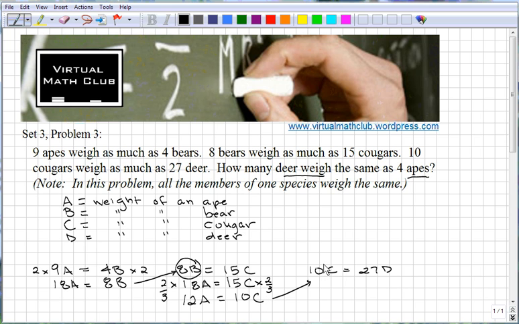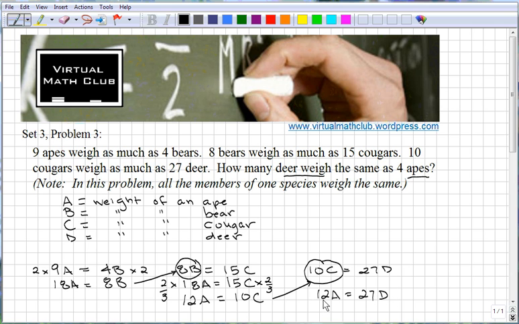And again, we can just substitute, right? Because now we have that 10 cougars is 12 apes. So instead of 10 cougars, we can write 12 apes. So we can say 12 apes is equal to 27 deer. And the question asks, how many deer weigh the same as 4 apes, right? So we would like to get this to be 4 apes, and then 4 apes will be equal to some number of deer.